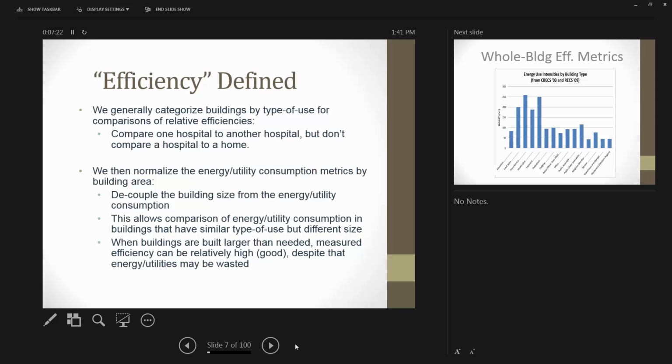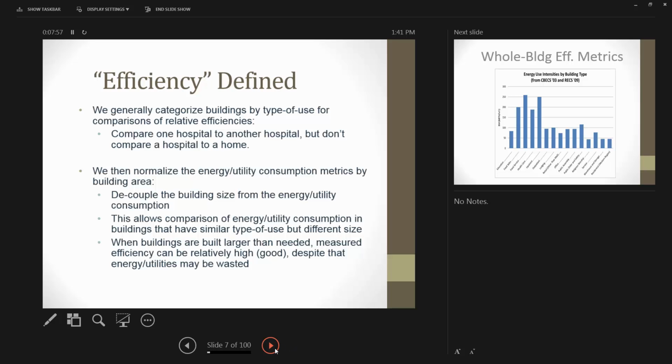And just to revisit the general concepts of efficiency versus conservation, and when we talk about defining buildings, we define the buildings as building types. When we start to dive into doing energy modeling on new buildings and energy testing and rating on existing buildings and comparisons, and we start to look at energy metrics and trying to compare one to the other, it doesn't normalize itself to be able to compare a house to a hospital.